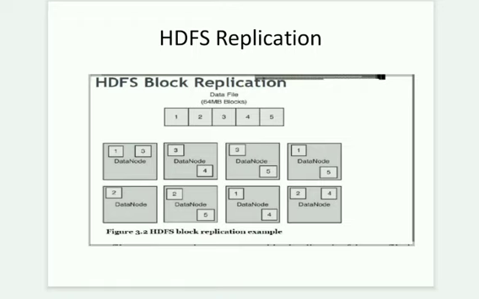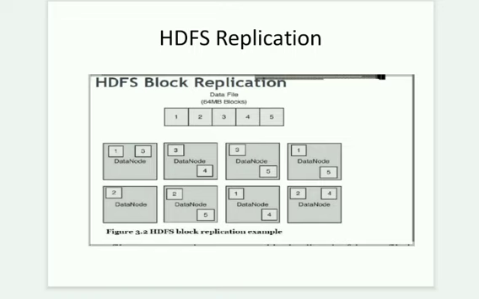Similarly, your block 4 is stored in data node 2, data node 7 and data node 8. So as you can see here, once a client copies some data, it will be stored in one data node.